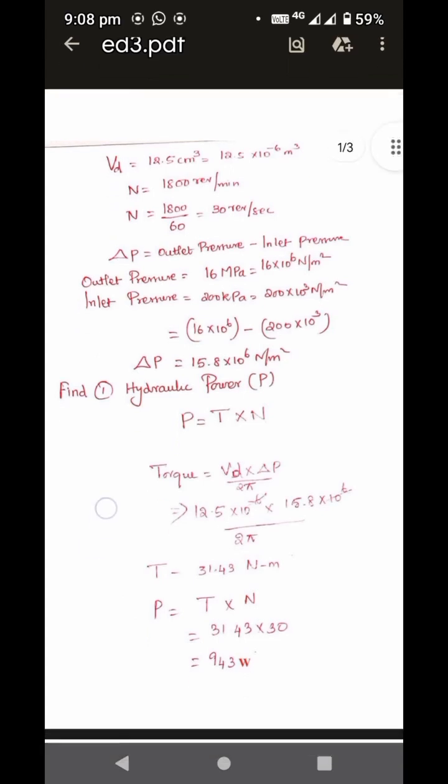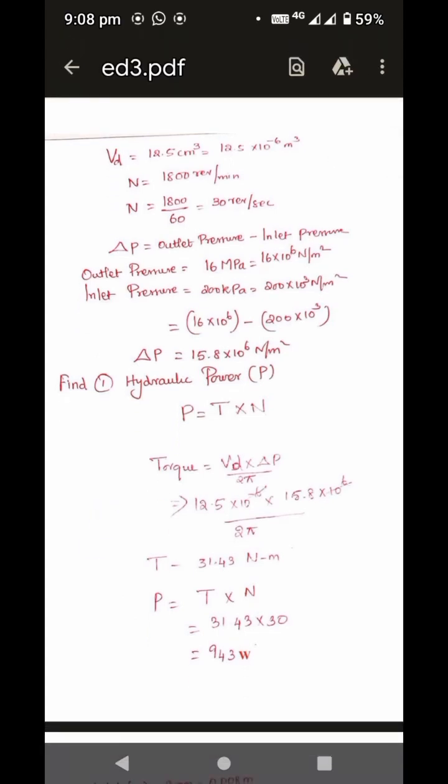So we convert the value centimeter cube into meter cube: 10 power minus 2, whole cube, so 10 power minus 6. Then n is equal to 1800 rpm, revolutions per minute. So convert the value to revolutions per second. 1 minute is equal to 60 seconds. So I apply 1800 by 60, which is equal to 30 revolutions per second.